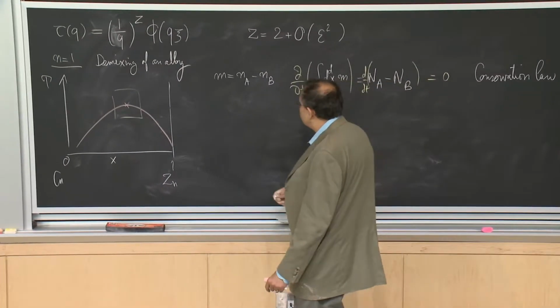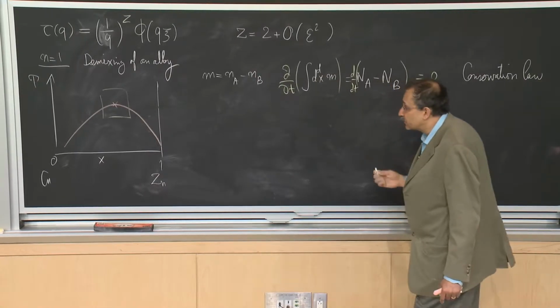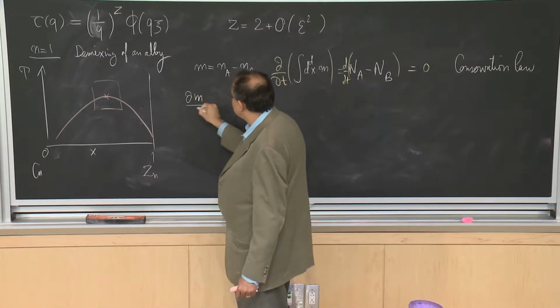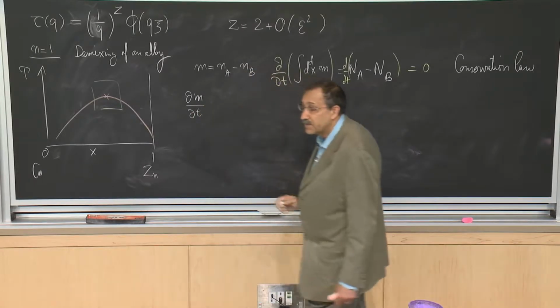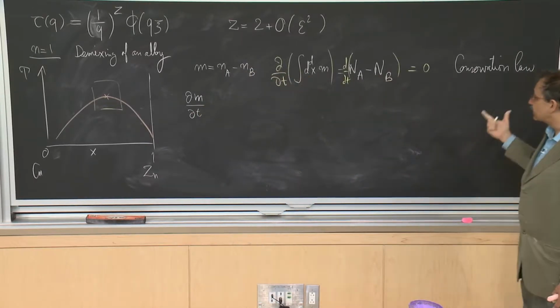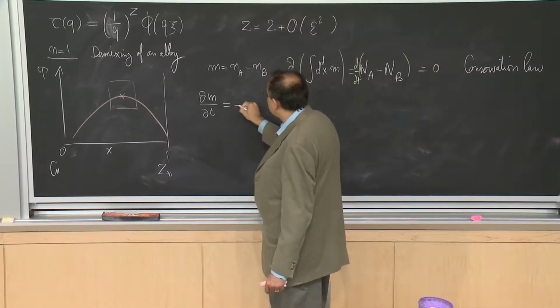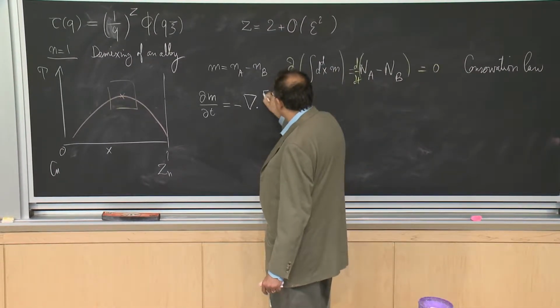So the appropriate way of writing an equation that describes, let's say, the magnetization changing as a function of time, given that you have a conservation law, is to write it as minus the gradient of some kind of a current.